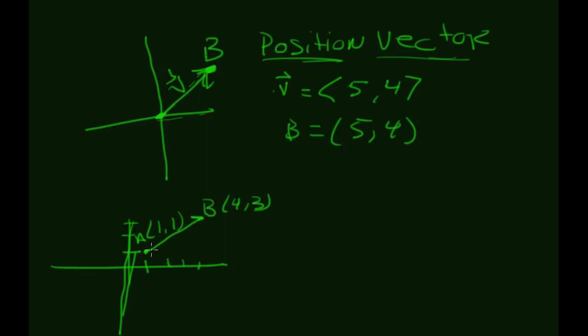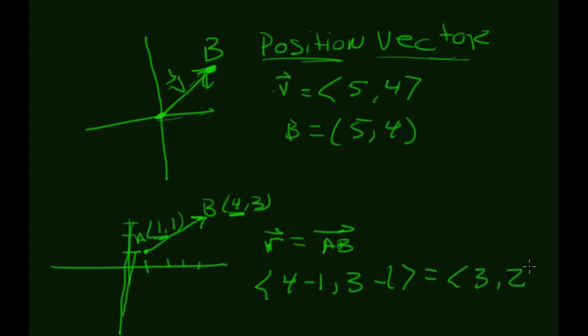Then I want the displacement vector from A to B. So let's let R be that displacement vector. Well, then this is going to be 4 minus 1, the x-coordinates subtracted, 3 minus 1. So the displacement vector here could be the vector 3, 2.